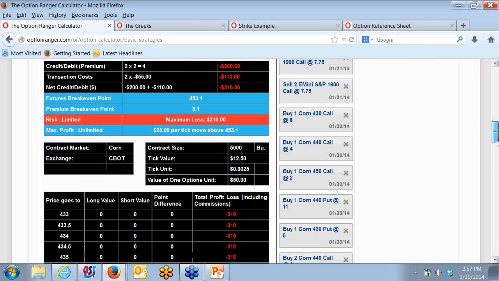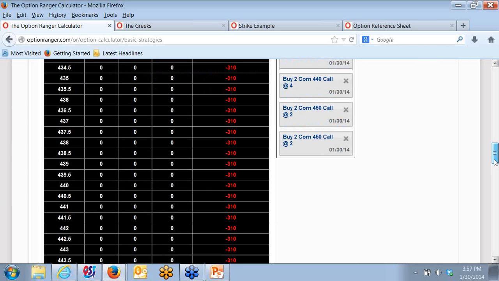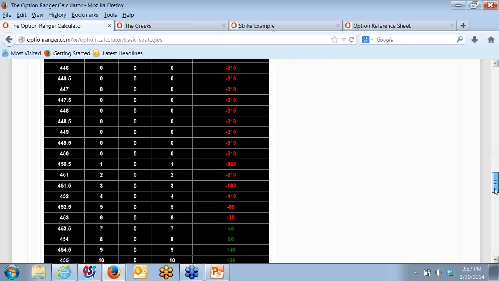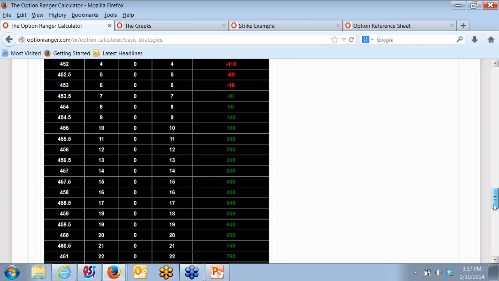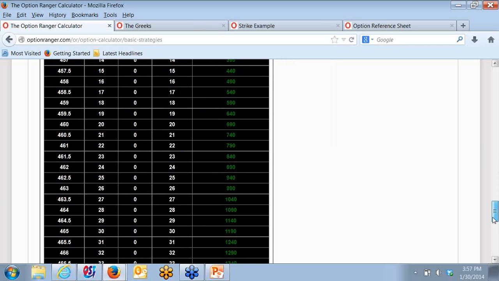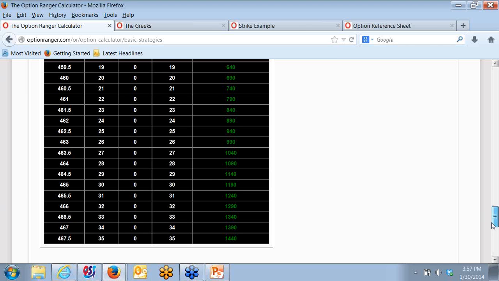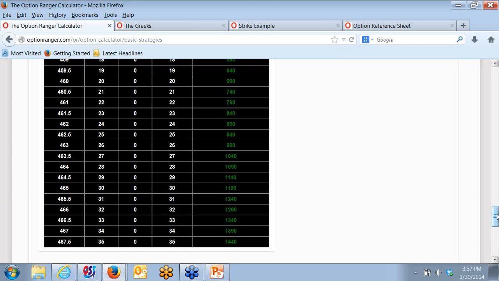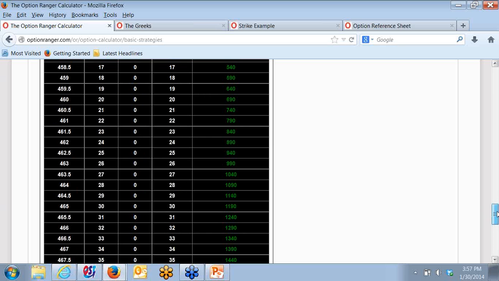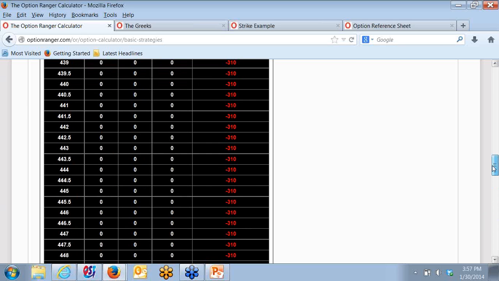Again, no matter how low you go, the risk is the same. But as you can see now, if you get a pretty significant move, the numbers are pretty big. So you get to your 467 number, you're talking about 1390 on a lower investment and on a larger move.